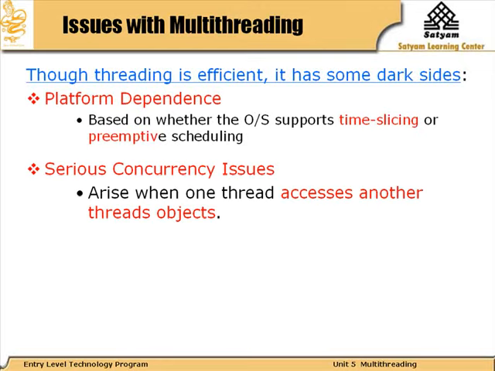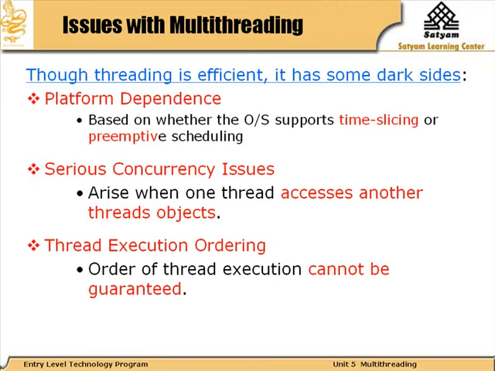Serious concurrency issues arise when one thread accesses another thread's objects. Thread execution ordering: the order of thread execution cannot be guaranteed. We will look at some issues as we go forward in the next slides.